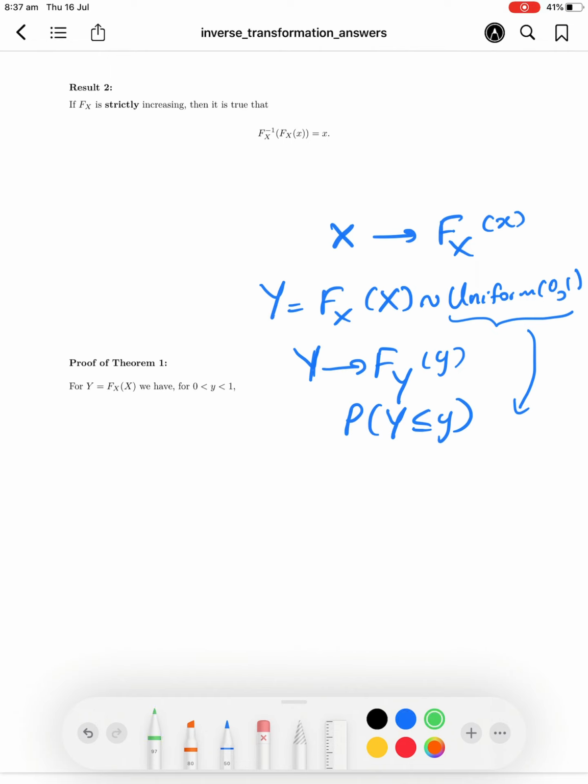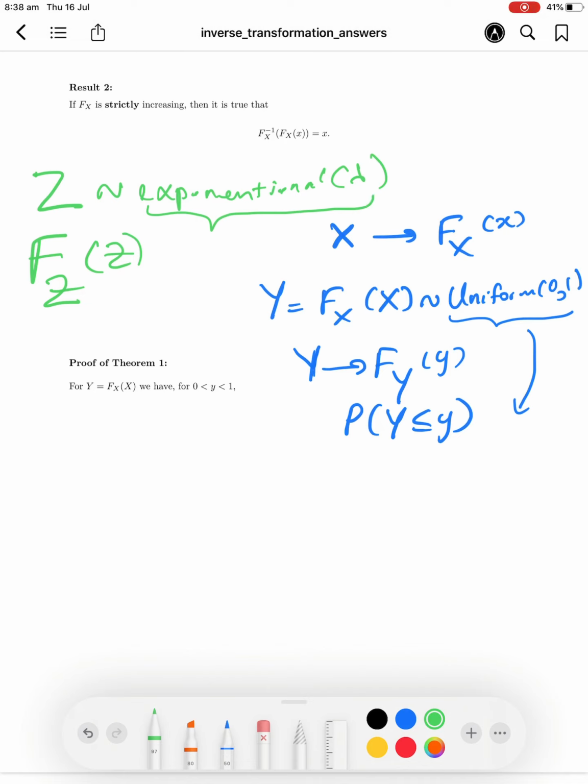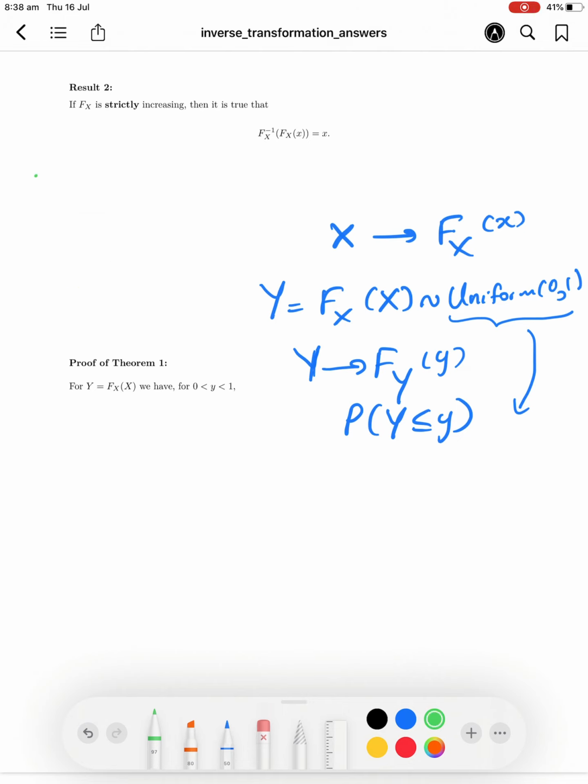And another example is if you're asked to show that the variable z follows an exponential distribution with parameter lambda, you need to show the CDF of z takes the form of the CDF of the exponential distribution lambda. So in this case, we need to show that the CDF of y takes the form of the standard uniform distribution. Okay.